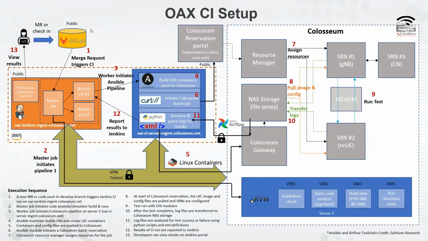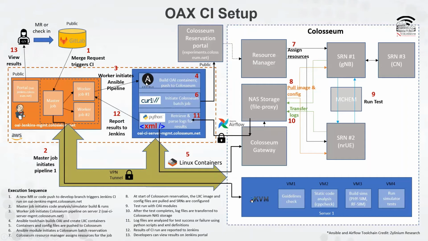The sequence of events is that a merge request to the GitLab repository will initiate a master job in the Jenkins server. The master job currently does not do much, but it simply triggers a secondary job. And the secondary job initiates the Ansible pipeline.